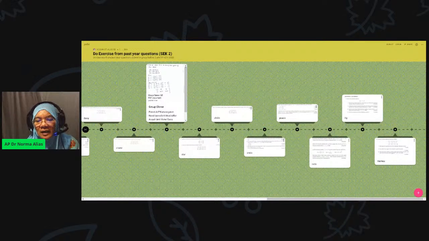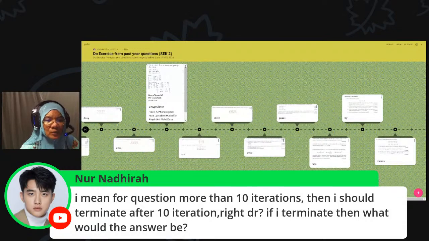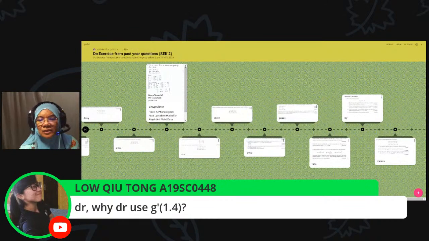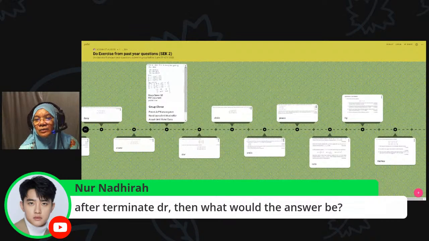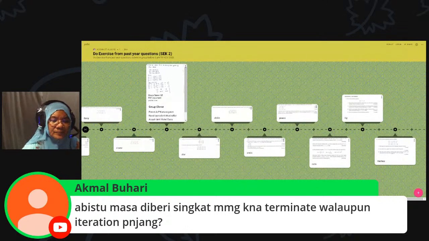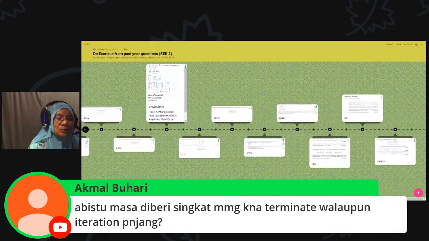So I hope that you can bring a good question. For example, here, very good question. This one also very good question, because they know how to terminate, how to control the iteration. Very good.